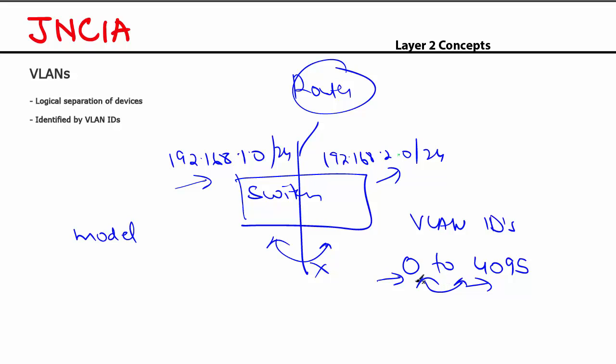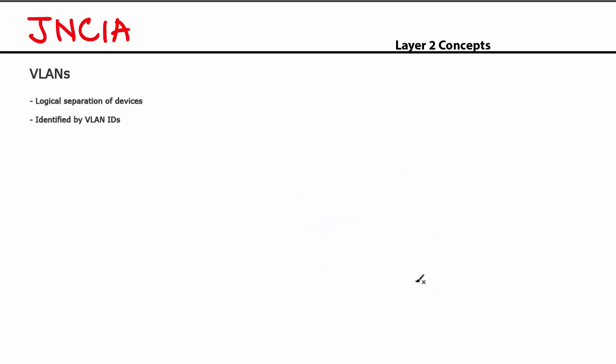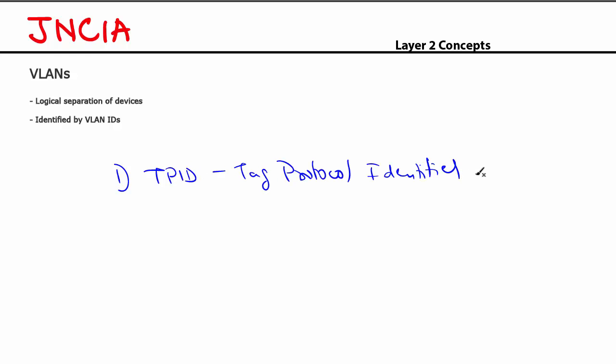Next question, how do you identify that a packet actually belongs to a VLAN? Any packet that is generated on a VLAN has two fields in it. Number one is the TPID field, which stands for tag protocol identifier. Any packet generated on a VLAN will have the TPID value set to 0x8100.